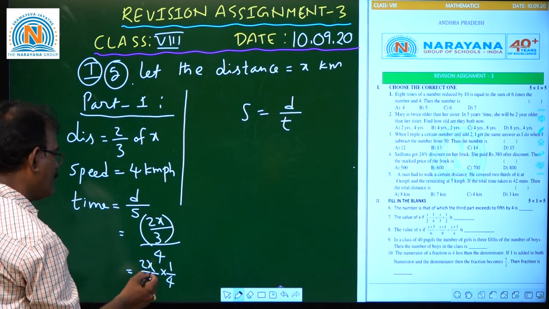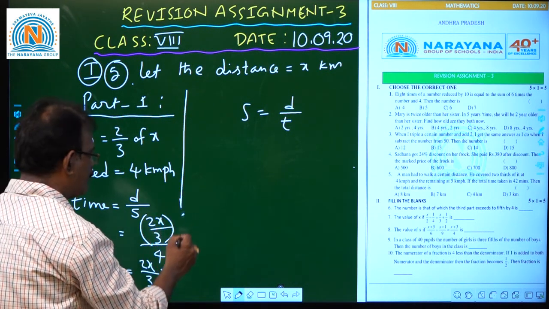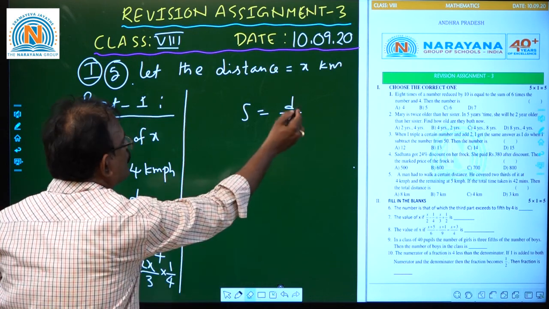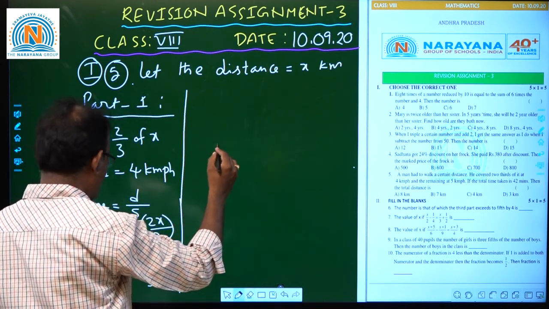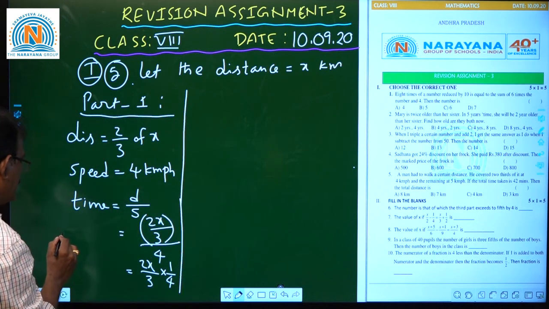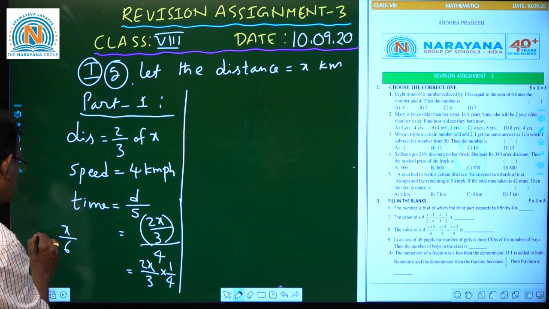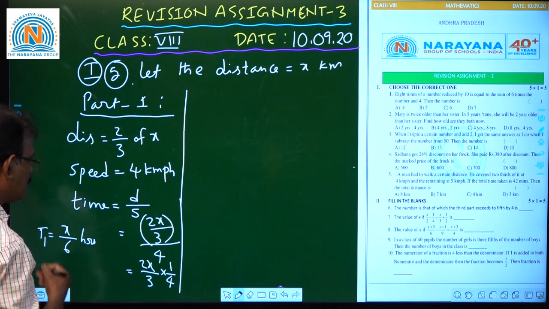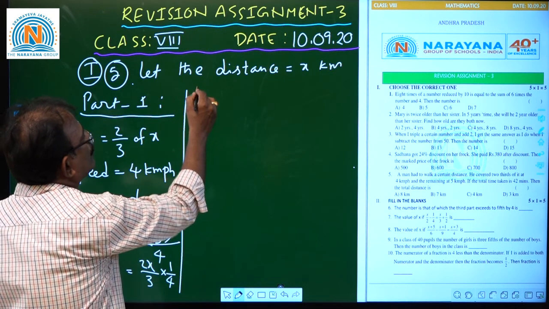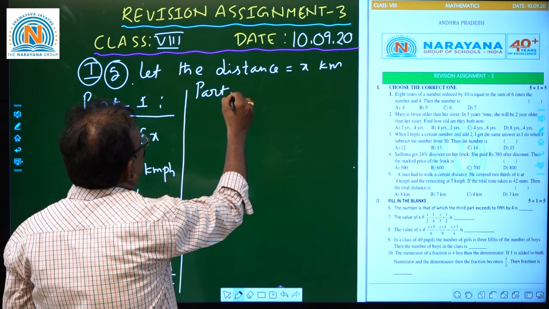Dividing by 4 means multiplying by 1 by 4. So this is x by 6. This is x by 6, which is t1 hours. Okay children, and coming to part 2.